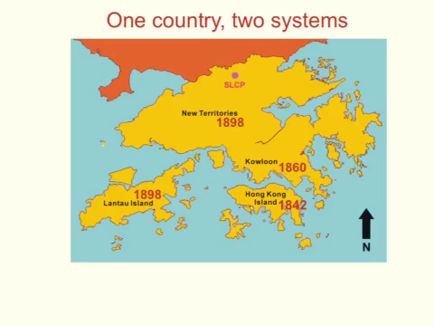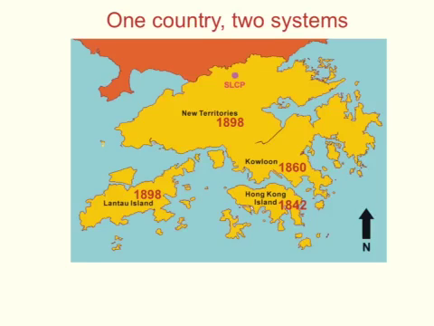And in 1842, the United Kingdom gained control of Hong Kong Island after it defeated China in the First Opium War. Several years later, in 1860, the UK gained control over the Kowloon Peninsula. And then still several years later, in 1898, China leased the rest of the islands and the land that came to be known as the New Territories to the United Kingdom.